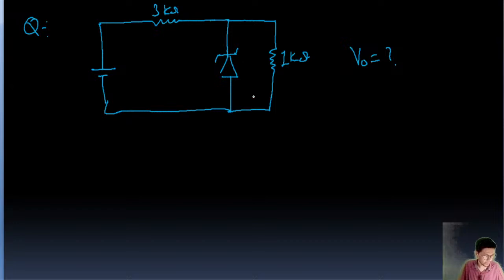Okay, and the Zener diode Vz equal to 10 volt, and this is 60. Okay, so you need to find V naught. So means we will remove this diode. If you remove this diode, means this will be open circuited.